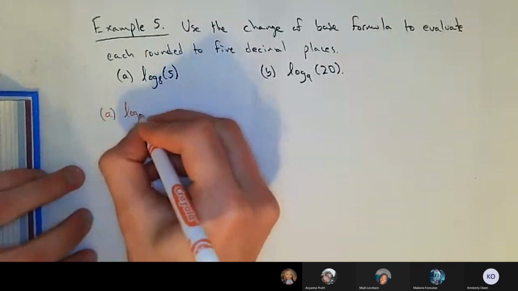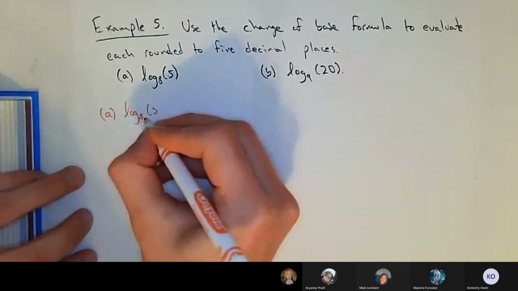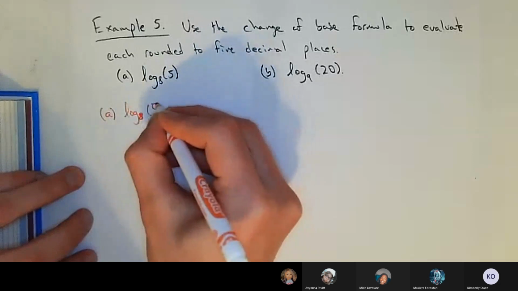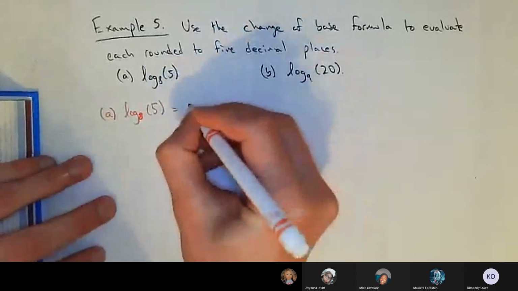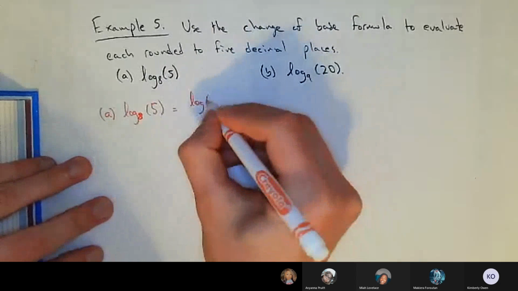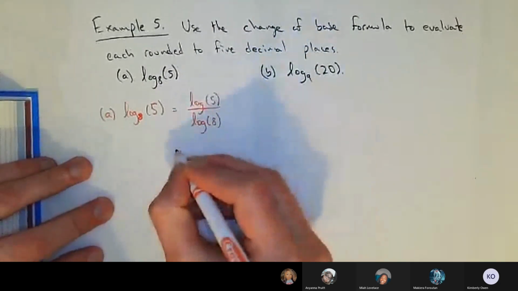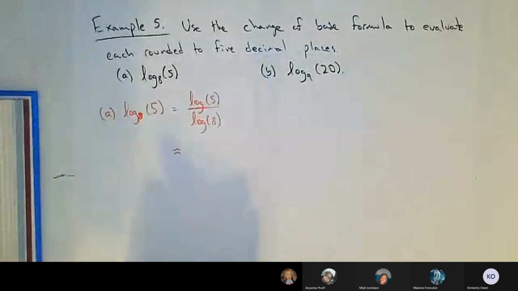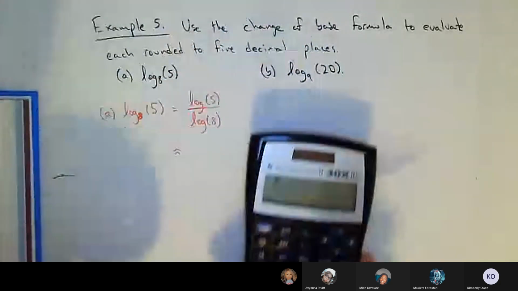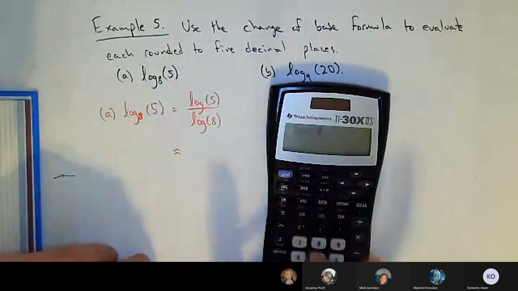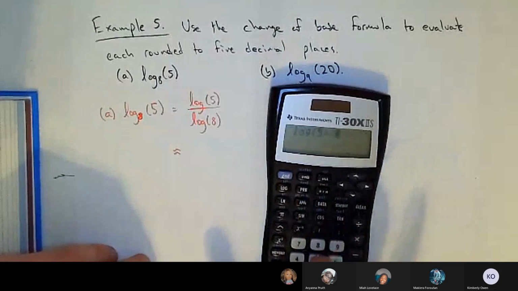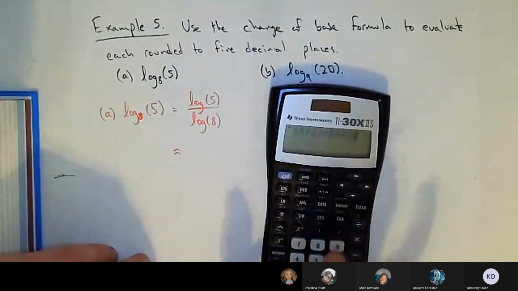How can we figure it out? Well, whoops, I'm going to mix these up. 8 and 5 is inside. Well, I can write this using my change of base formula as log of 5 divided by log of 8, just like that. Just pop that into the calculator. I'm going to say approximately because we're going to round. So log of 5, just got to make sure I'm dividing in the right order, log of 8.